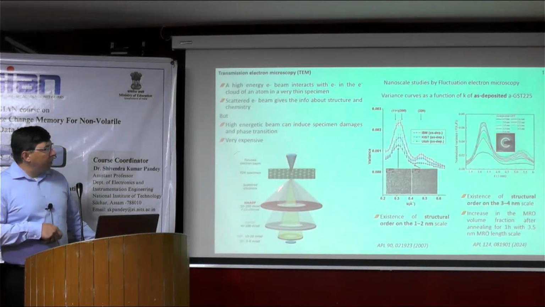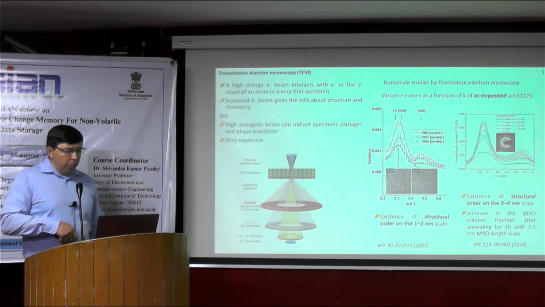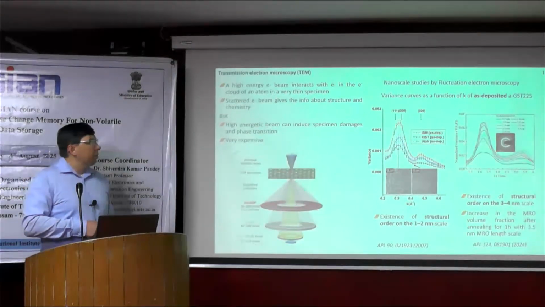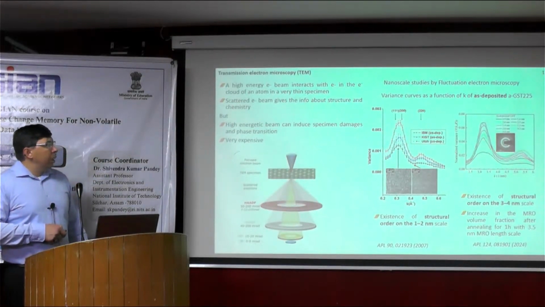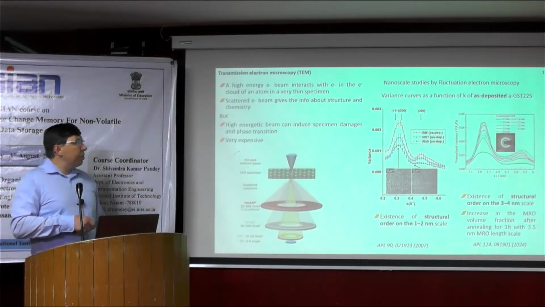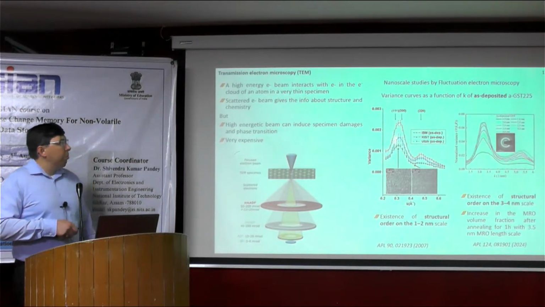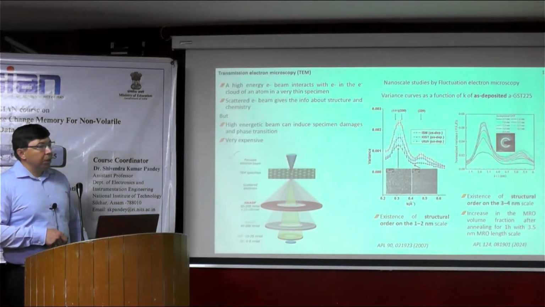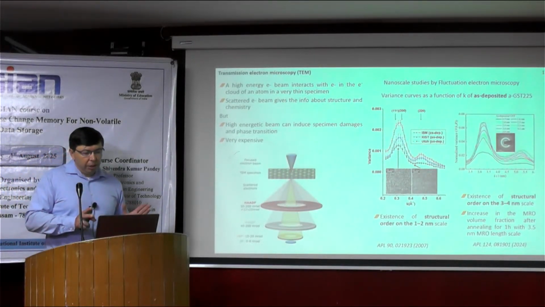But there are different experimental methods to study the structure of amorphous solids, for example fluctuation electron microscopy. This is one of the methods, and here you can also study short-range order in the material, but it does not really give you the distances.